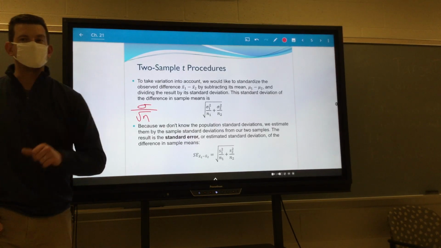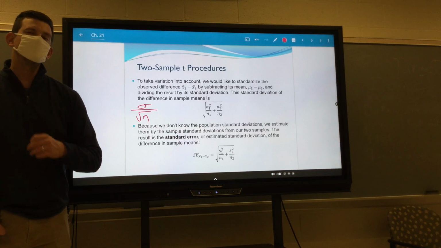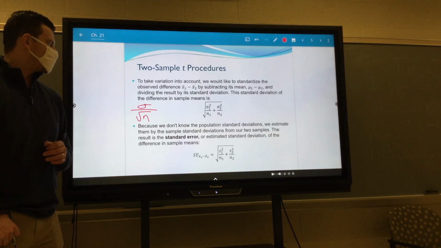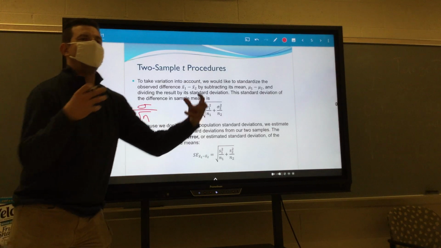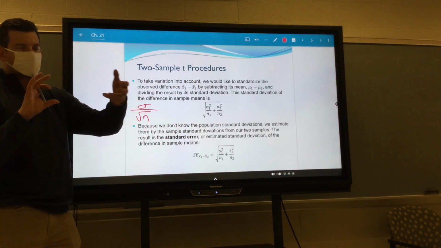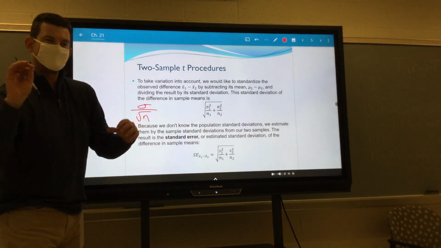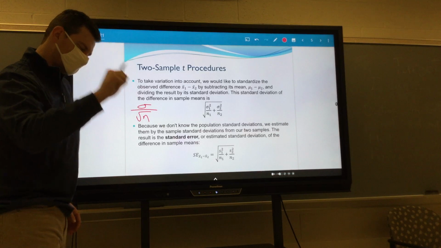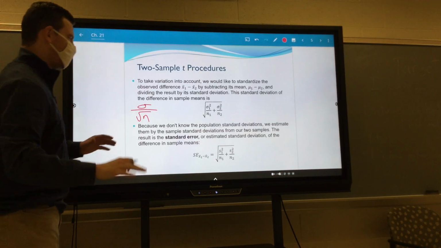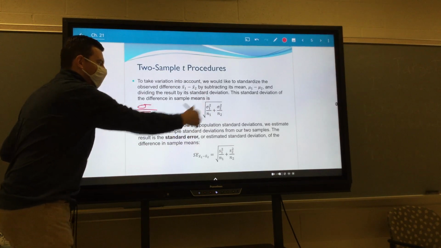But now we have two different samples and two different standard deviations. So essentially what's happening here is we are finding an average of the two. We're kind of putting them together. I want to use the word pooling them together, but that means something different, so I don't really want to use that word.